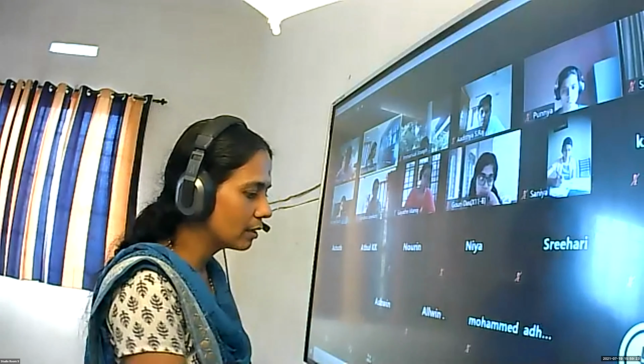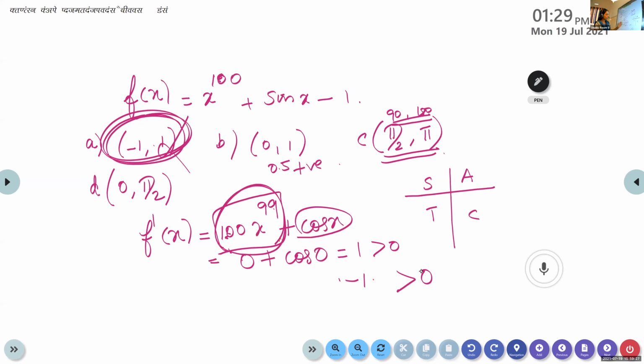So now look here, pi by 2 to pi means it is in the second quadrant. In the second quadrant, we know that cos is negative, isn't it? And this one, if you put pi as 3.14, what will you get? 100 into 3.14 raised to 99 will give a very big number, won't it?